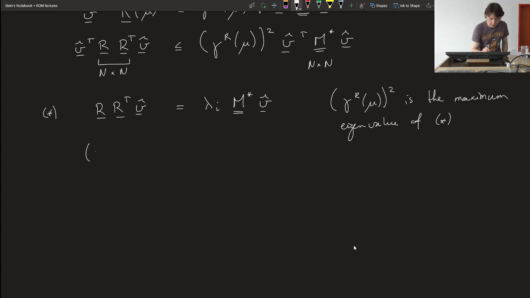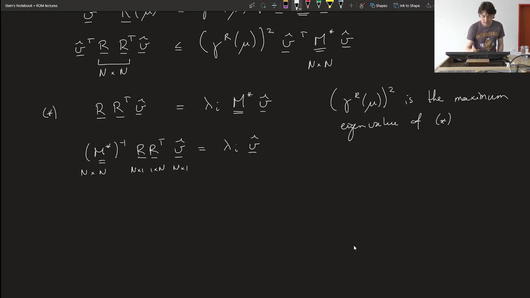And what that gives me is M star inverse R R T. So this is now a regular eigenvalue problem, where this guy was n by n, this is n by 1, this is 1 by n, this is n by 1, and this is also n by 1.